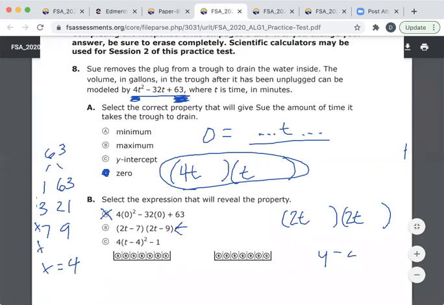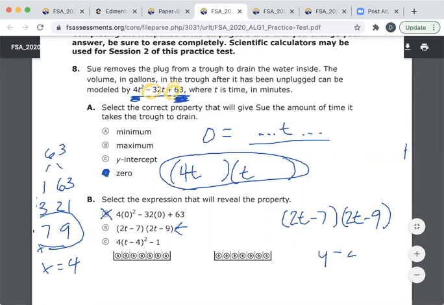So I'm going to check to see if this one factors out right. So we're using the 7 and 9. One other tip with factoring is to look at your signs. So we have a negative 32 and a positive 63.